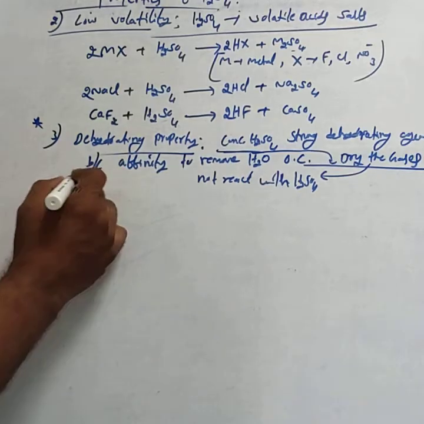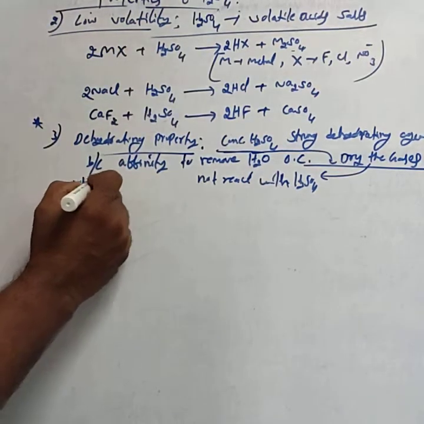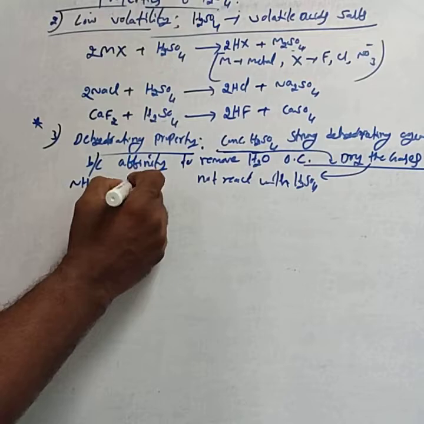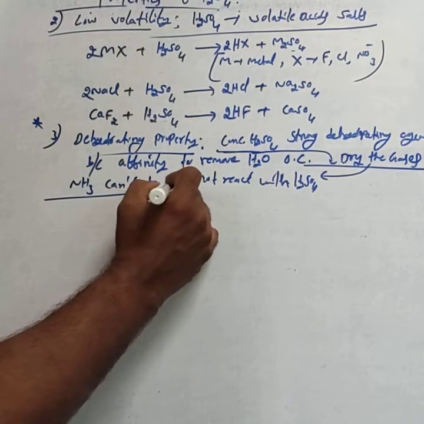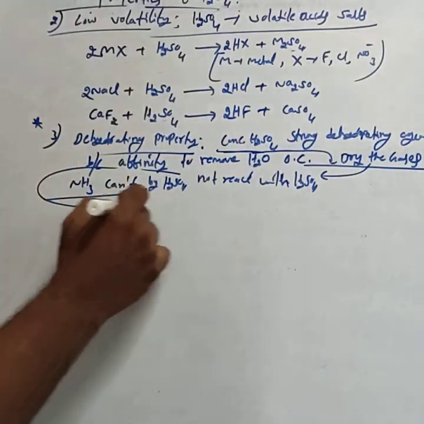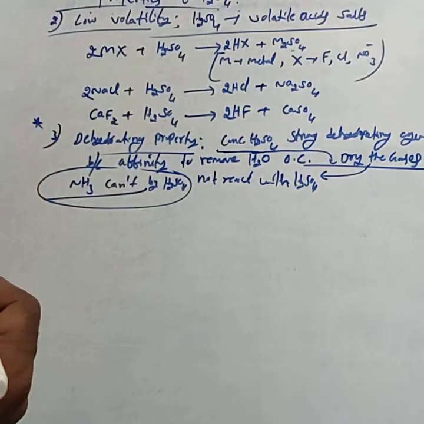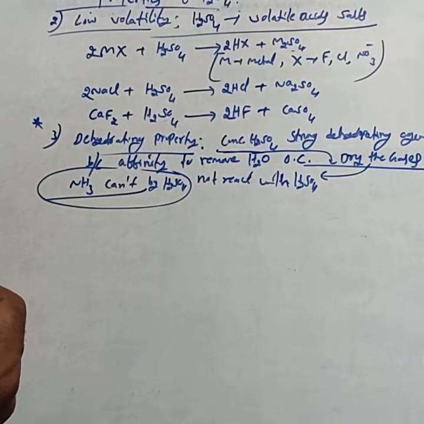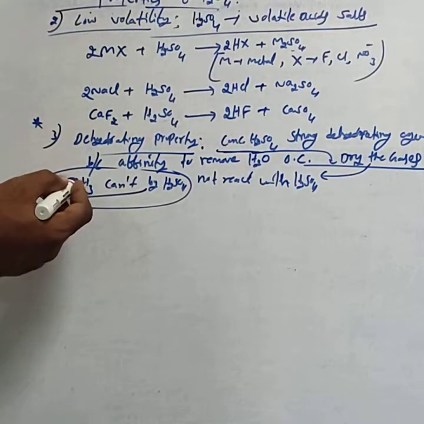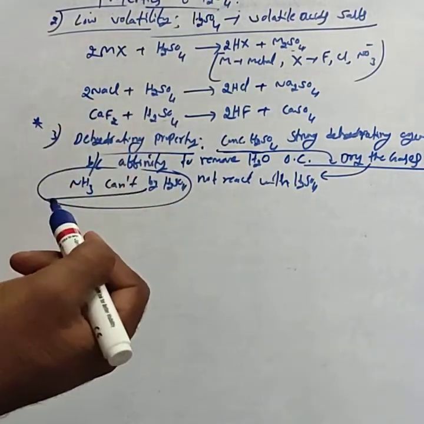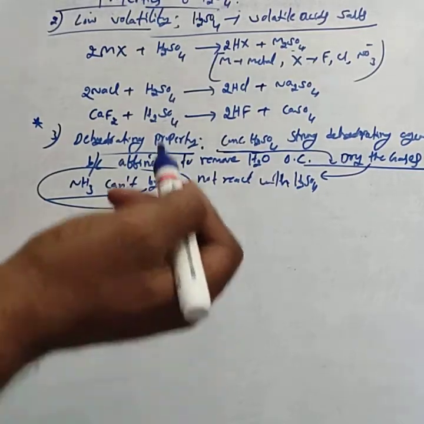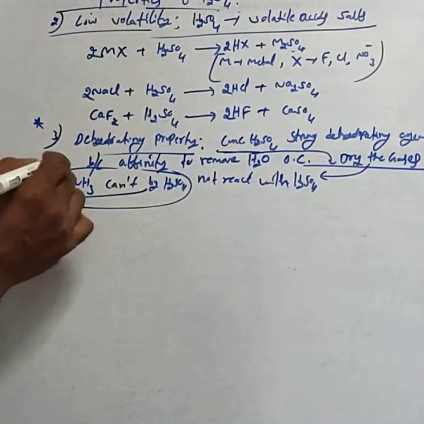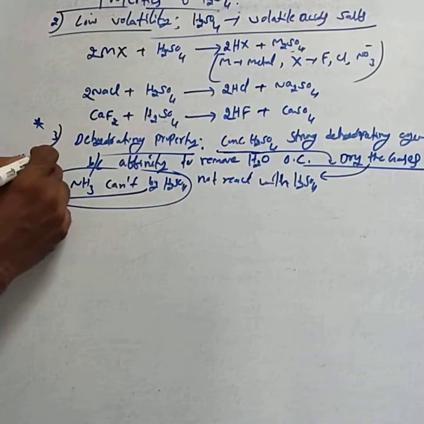For example, consider ammonia. Ammonia cannot be dried by concentrated H2SO4 because ammonia easily reacts with sulfuric acid and forms ammonium sulfate. To dry ammonia, we commonly use quicklime.